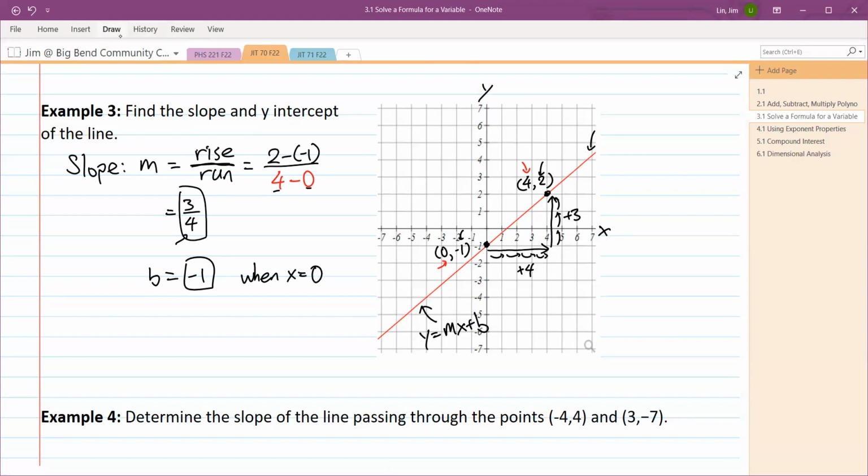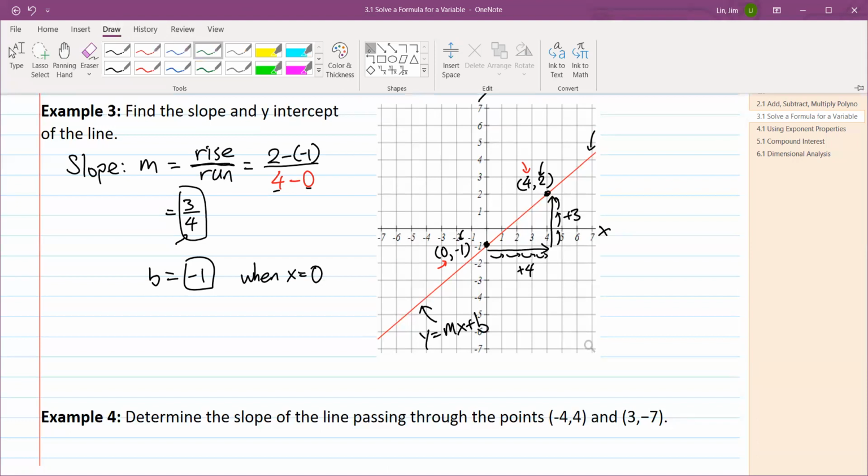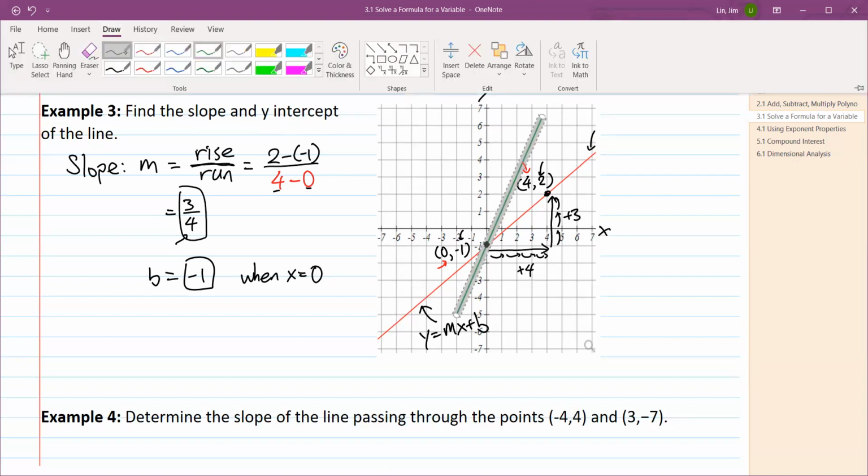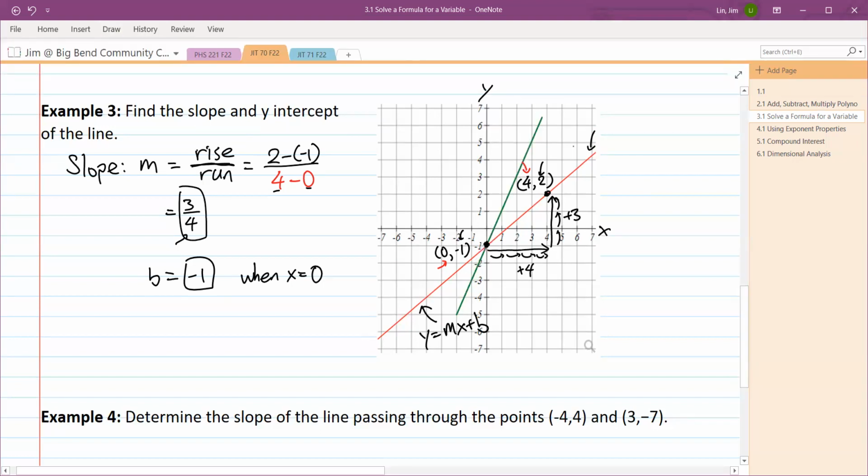All right, I promise you I'll give you another example of a slope. So let's do it. Let's say that I want to create a line from here to there for lecture purposes. All right, so that is the line. So this is line number 1 and this is line number 2.